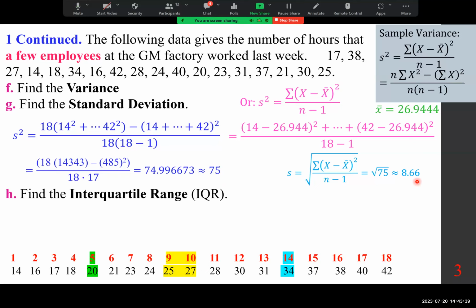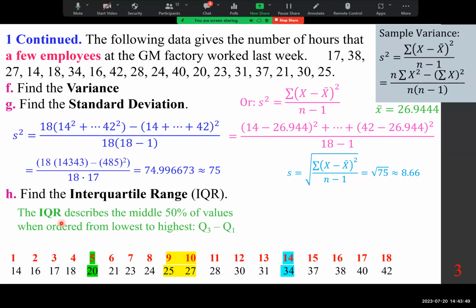Find the IQR, interquartile range. So let's see what we do. Number one, the IQR describes the middle 50% of values when ordered from lowest to highest. And it's Q sub 3 minus Q sub 1.